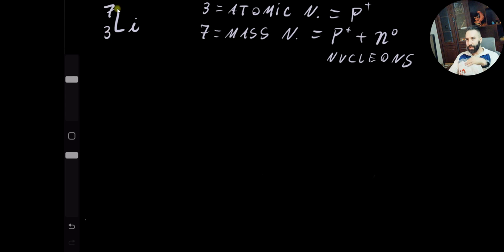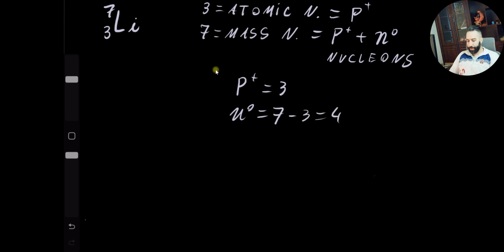By observing these two numbers, we can determine how many protons, neutrons, and electrons lithium has, and we can even draw it. The number of protons in lithium is 3. The number of neutrons is 7, because 7 is protons plus neutrons, minus 3, and that equals 4.